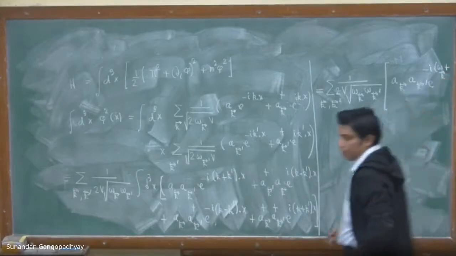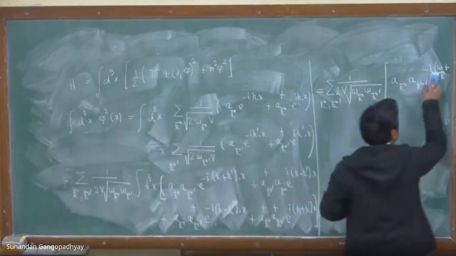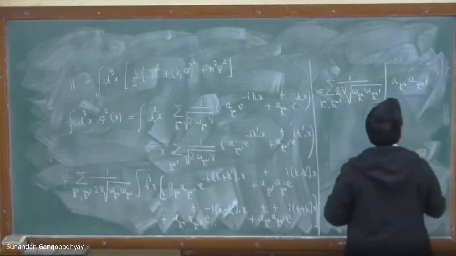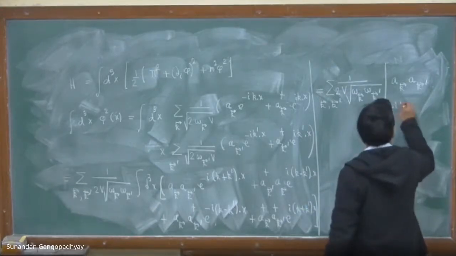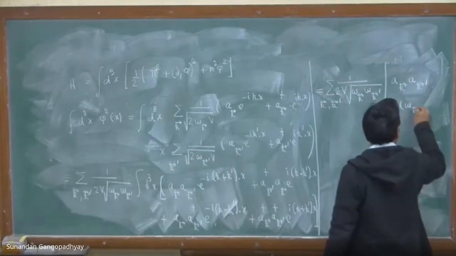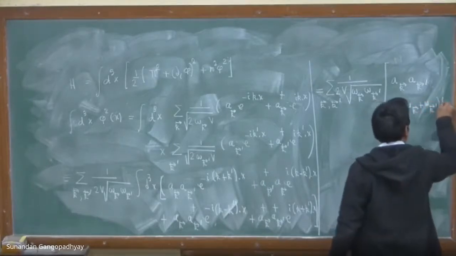Or else I can write it below. This will be e to the power of minus i, time t.